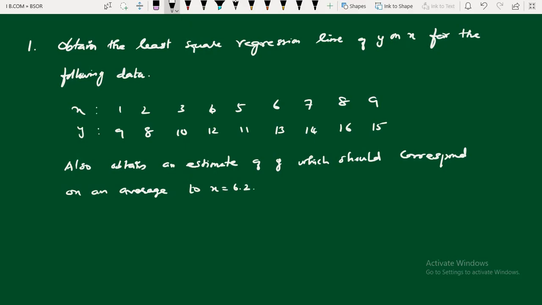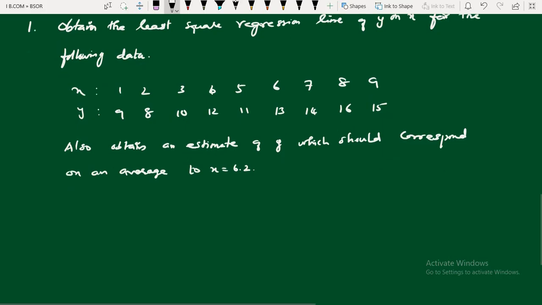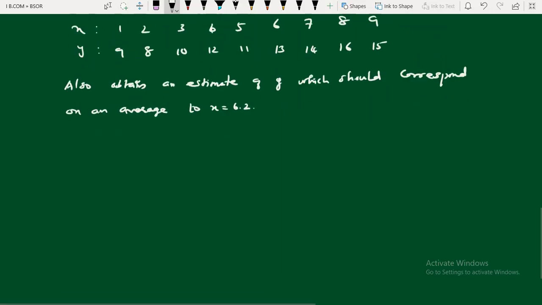That is the interpolation: we have to interpolate for one value of x equal to 6.2. What is the corresponding value of y that we have to find? Now we move to the solution.